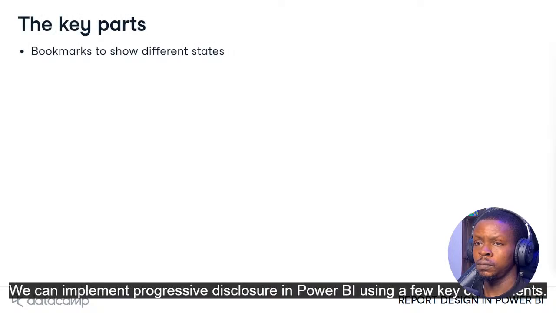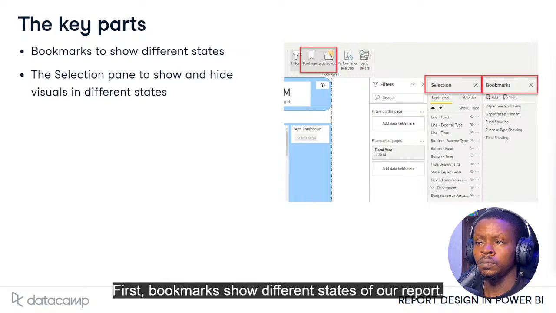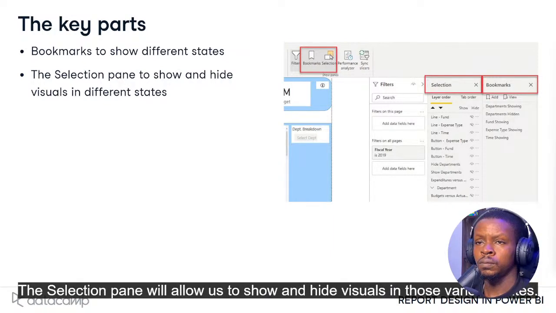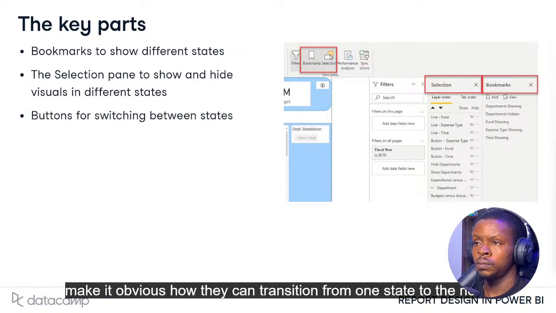We can implement progressive disclosure in Power BI using a few key components. First, bookmarks show different states of our report. The selection pane will allow us to show and hide visuals in those various states. Users could navigate via bookmark, but we will use buttons to make it obvious how they can transition from one state to the next.